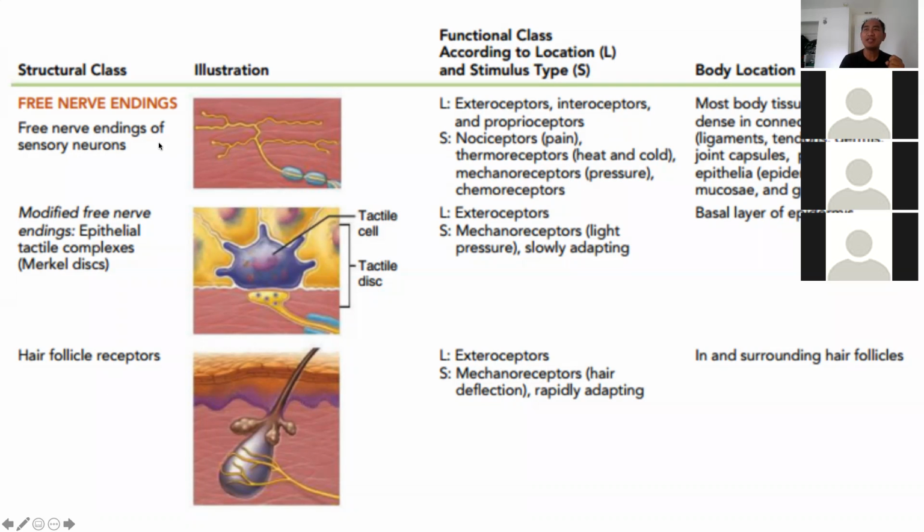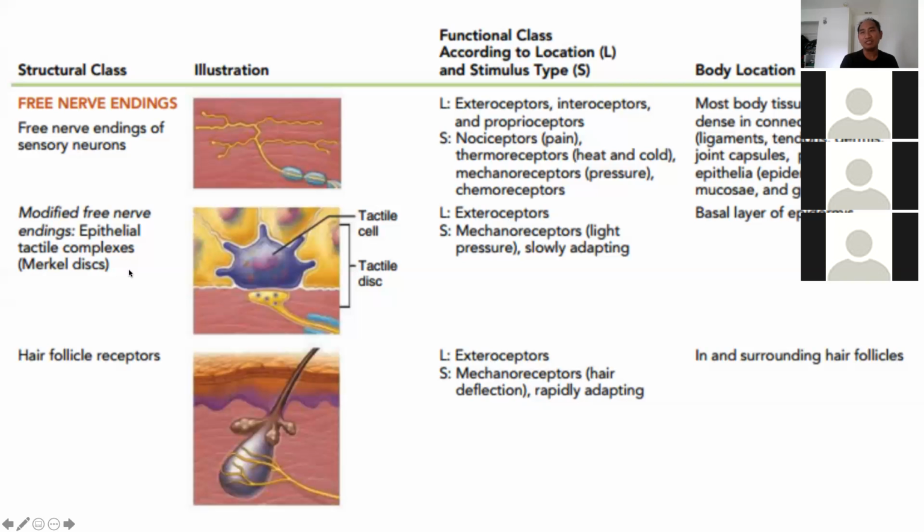For example, let's look at the free nerve endings receptor. Where are they present? Most body tissue, most dense in connective tissue, ligaments, tendons, dermis, and the basal layer of the epidermis. They could be exteroceptors, interoceptors, proprioceptors, or nociceptors. Let's not dig too far, but at least now we know that in our skin we have free nerve endings, which will detect these stimuli.